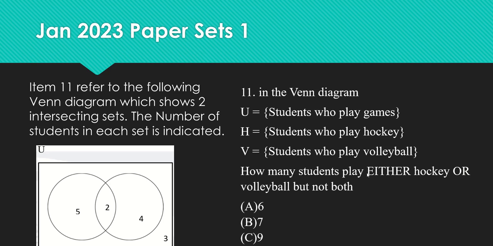Hold on, either. So volleyball alone and hockey alone. That would be 5 plus 4 is 9. So the answer for this is C. Alright, and that's how you would do this question.